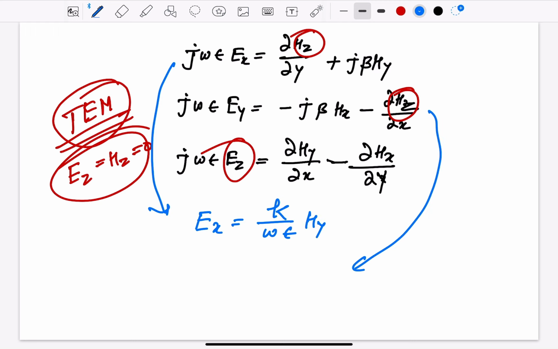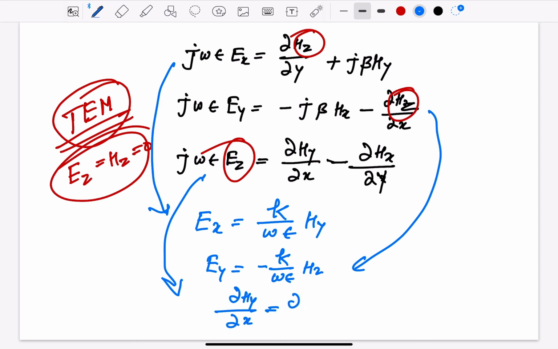Similarly, from this equation you may write Ey is equal to minus k divided by omega epsilon times Hx, and of course the last one offers a very unique thing, which is dou Hy over dou x is equal to dou Hx over dou y.